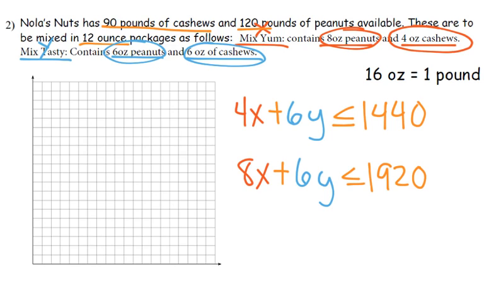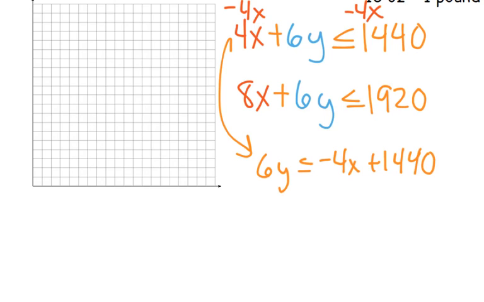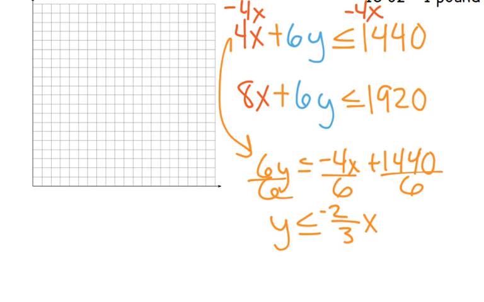Okay, so once again, we can try to turn this into slope-intercept form. And we'll be able to do that. It's just going to be really big numbers. So this first one, we'd subtract the 4x. So we'd have 6y is less than or equal to negative 4x plus 1,440. Divided by 6, we get y is less than or equal to 4 over 6, which we reduce to 2/3, so negative 2/3 x, and then 1,440 divided by 6 gives 240.